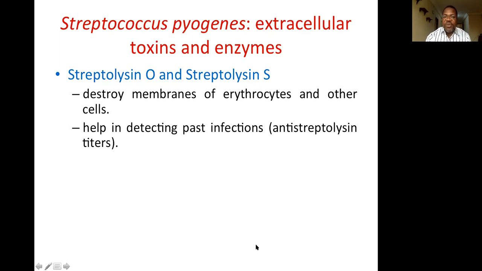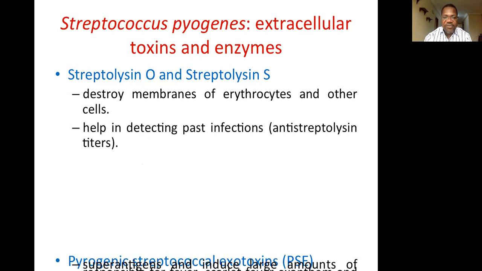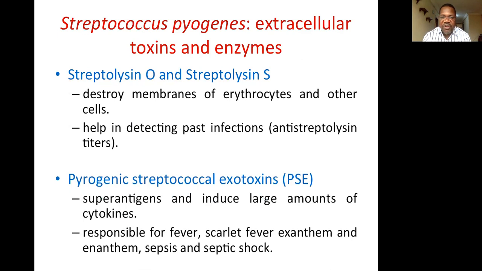When we measure, for example, anti-streptolysin titers, it helps us to suspect a past streptococcal infection. But they are also virulence factors, so they play a role in destroying our human cells, so that you can develop a streptococcal infection, especially soft tissue infections.